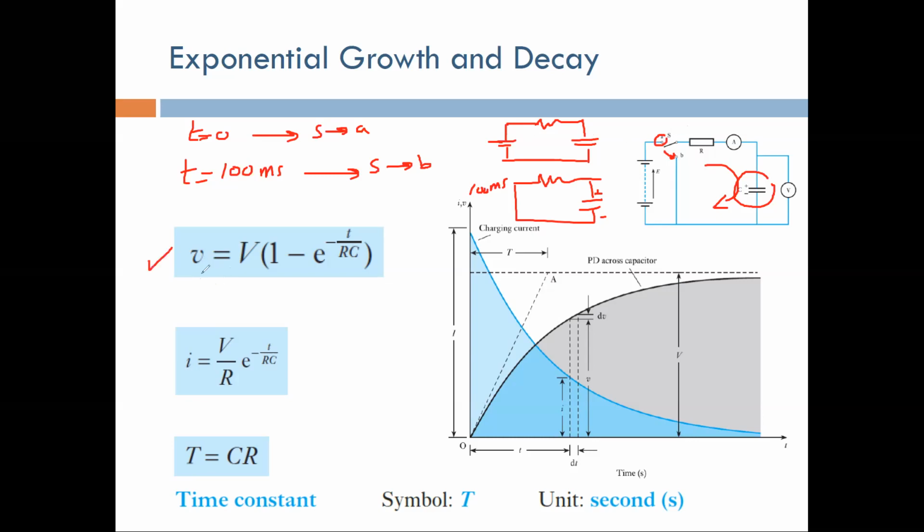This is going to be the voltage waveform if you switch to position A at time t equal to 0, and if you have an initial condition of 0 on the capacitor. At 100 milliseconds, all I have to do is plug in t equal to 100 milliseconds. This will give me the initial voltage for the capacitor.